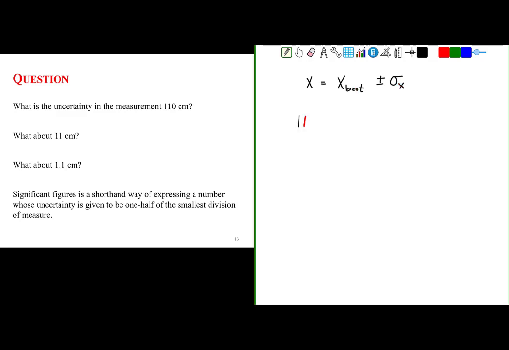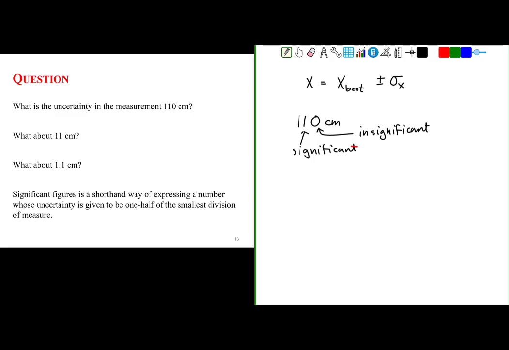So let's look at 110 centimeters. This number is based off of an estimate. Now, when we talk about the rules of significant figures, we're going to see that this 0 is going to be considered insignificant, while this non-zero place is going to be considered significant.